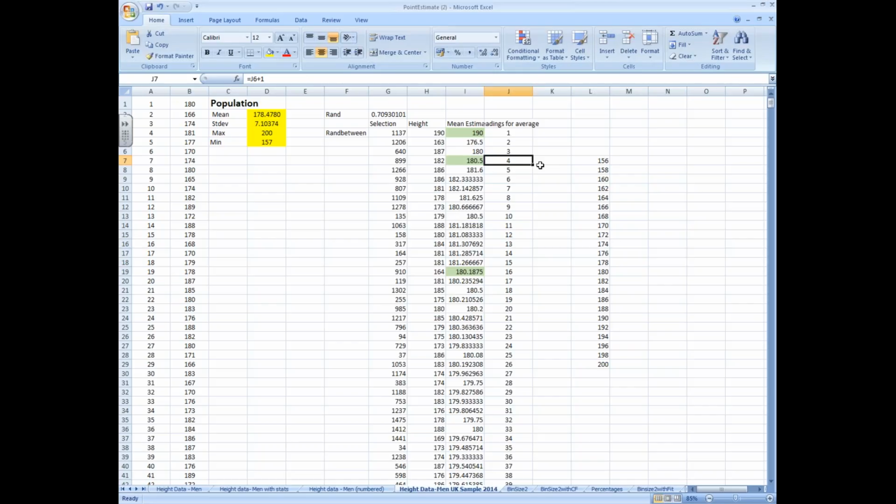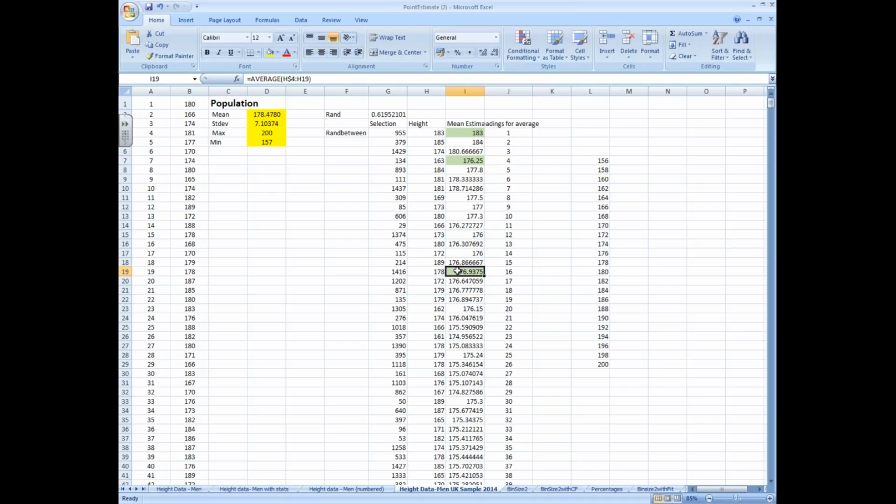So 180.5, 2, I've got 183, 3, 173, 4, no, that's not lower, 5, no, it's not higher, 6, no, 7, no, 8, oh, we're up to 184 there, 9, 10. I just took 10 data points there. My lowest value was 173 and my highest value was 184. There's a range of about 11 on those data points.